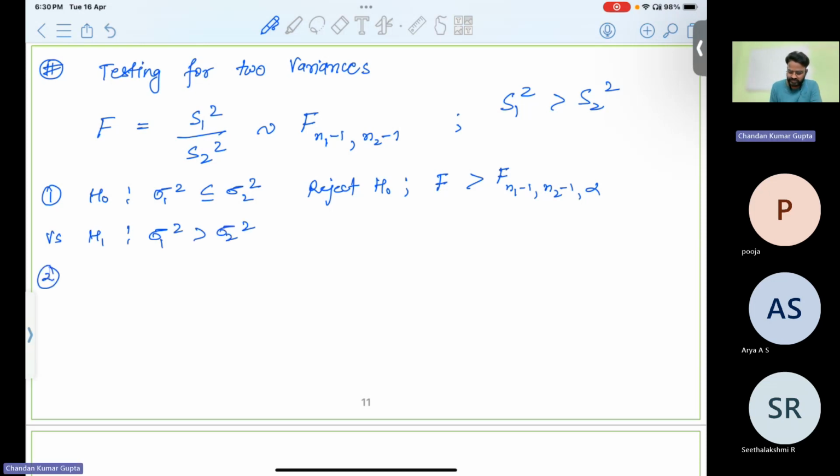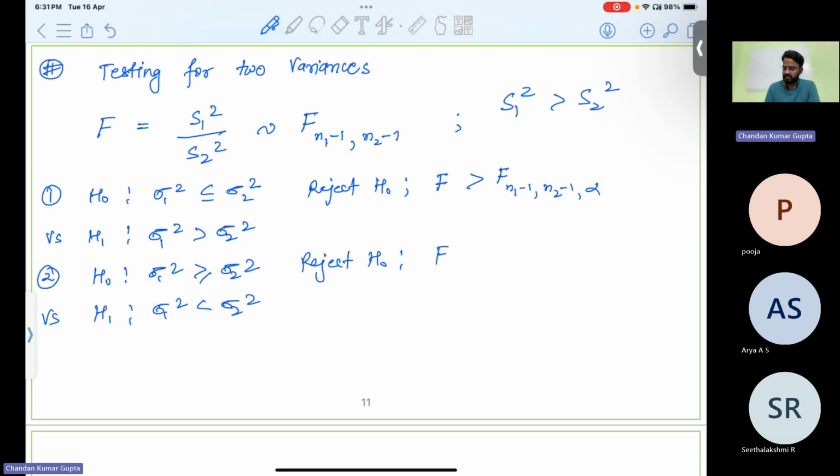The second case is the null hypothesis sigma 1 square is greater than or equal to sigma 2 square against the hypothesis sigma 1 square is less than sigma 2 square. In that case, we reject the null hypothesis when the calculated value is less than F of n1 minus 1, n2 minus 1, and 1 minus alpha, because F is not symmetrical in nature.